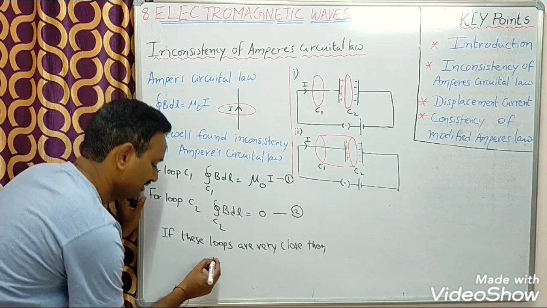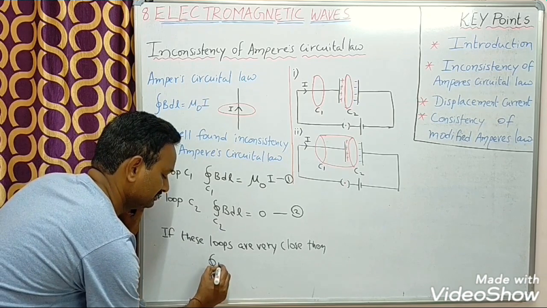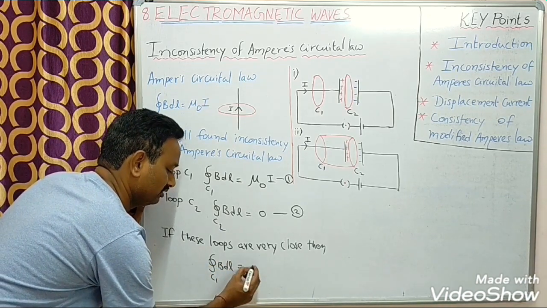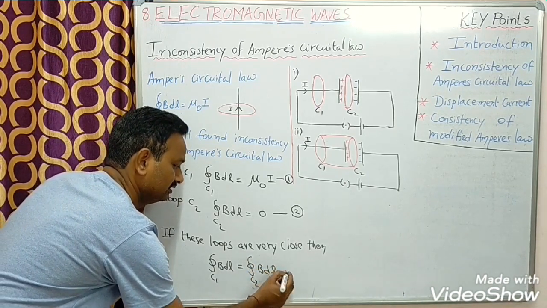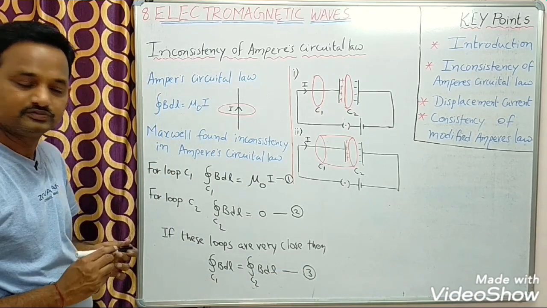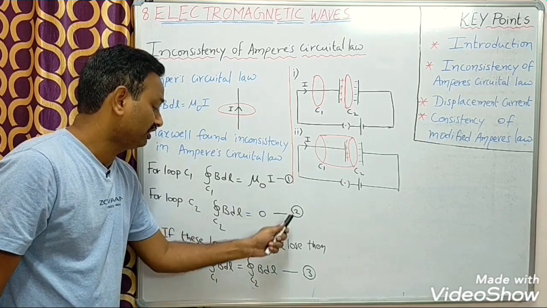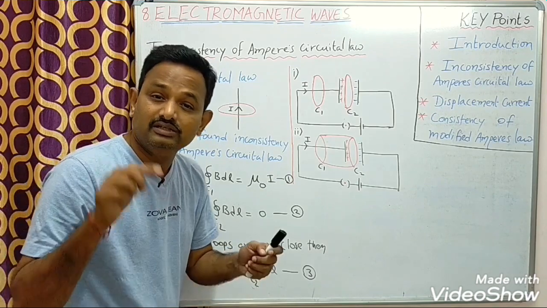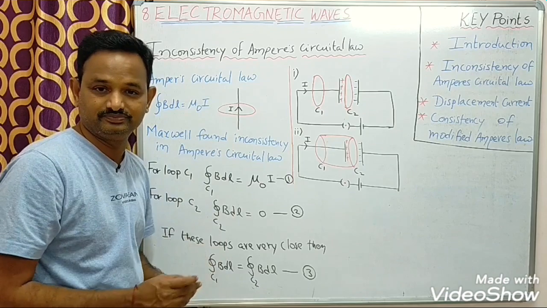Then the line integral of B.dl over C1 is equal to the line integral of B.dl over C2. So this is equation 3. Here, equation 3 contradicts equations 1 and 2. So, Maxwell found there is an inconsistency in Ampere's circuital law.